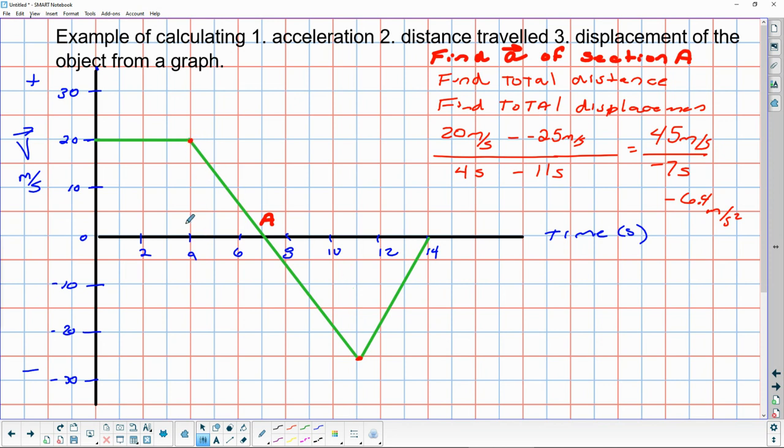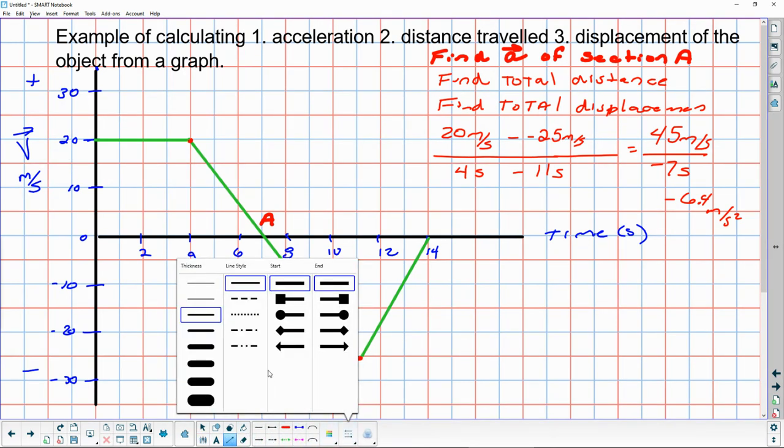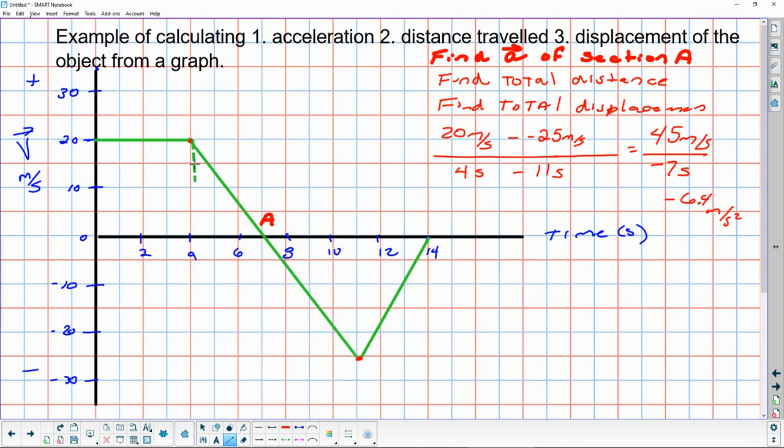Now, this is a square and a triangle, a triangle and a triangle, so we'll split it into pieces. I'll just use a regular dashed line to split it into pieces. I'll use a different color so that it's not the same as the graph. Cut it there and cut it here. That gives us 4 pieces to calculate.